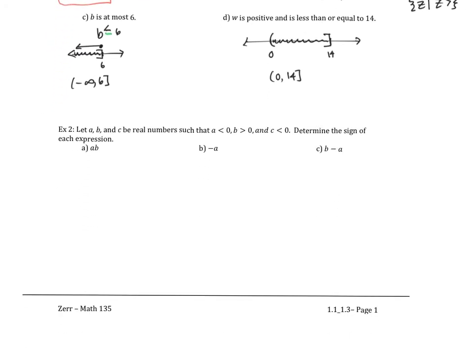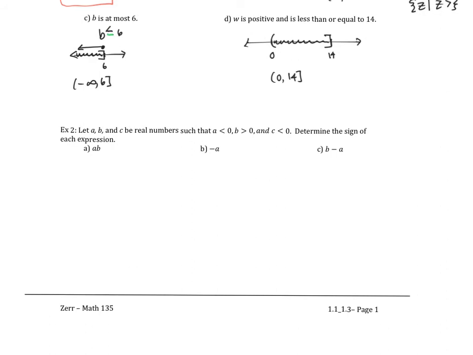Okay, moving on. Our goal here is just to be able to go back and forth between English and mathematical expressions. So we're given some information. We have that A is less than 0, so A is negative, and C is also negative. But B is greater than 0, so B is positive.